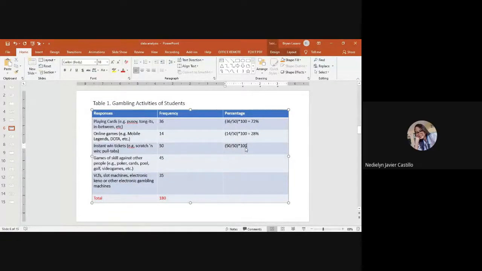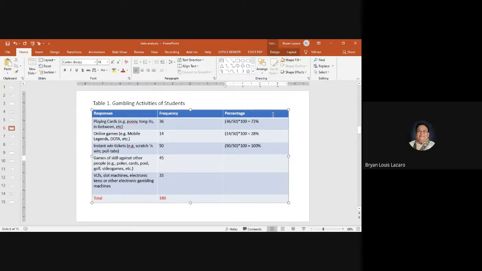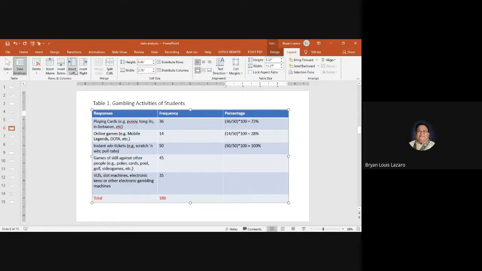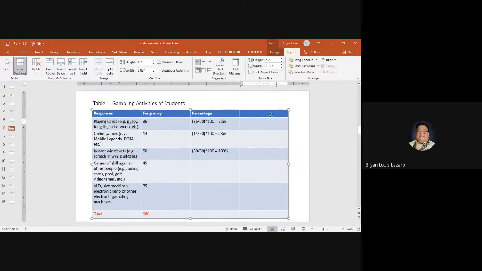Okay. Ngayon, in this part, hahanapin mo kung sino yung majority. Mas maganda itong i-interpret kasi meron na itong susunod natin. In this part, maglalagay ka ng isa pang row. Nakalagay dyan ay ranking.